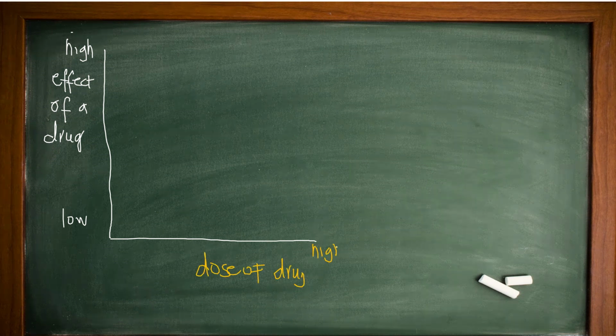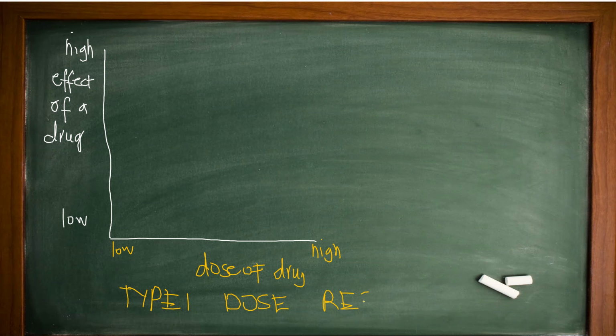So here your high dose of a drug and low dose of a drug. Okay, now, this is about a graph, your dose versus efficacy of the drug. So this is your type 1. This is a simple illustration of your type 1 dose response curve.